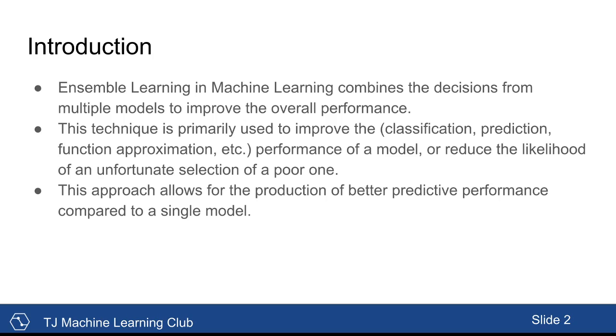What I mean by this is, say you're having a machine learning problem and you have a certain data set, right? For example, say we're looking at the Titanic data set.